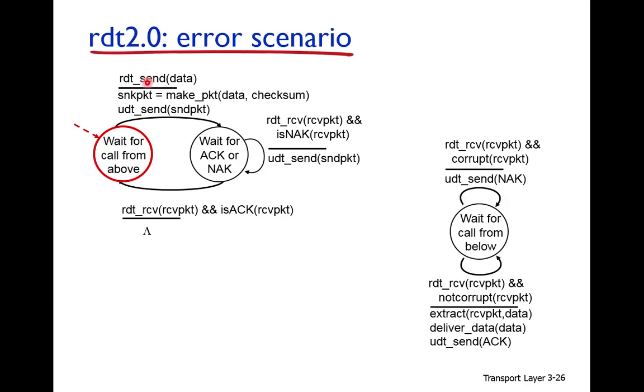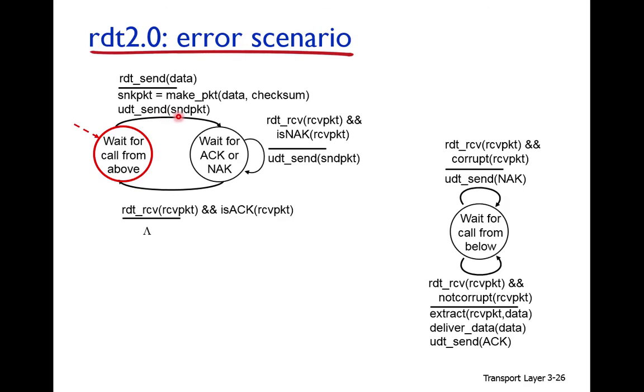What will it do? It will make the packet and compute the checksum. Why? Because the underlying channel can have bit error, so therefore we use checksum. And it will send the packet to the network layer, and the network layer will transfer it.